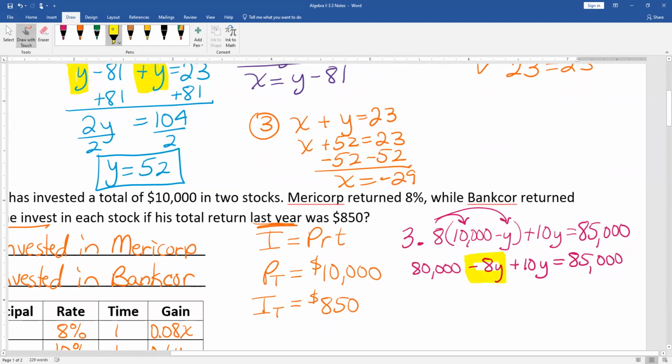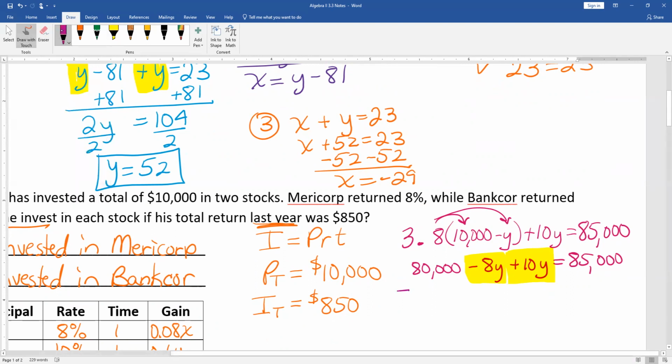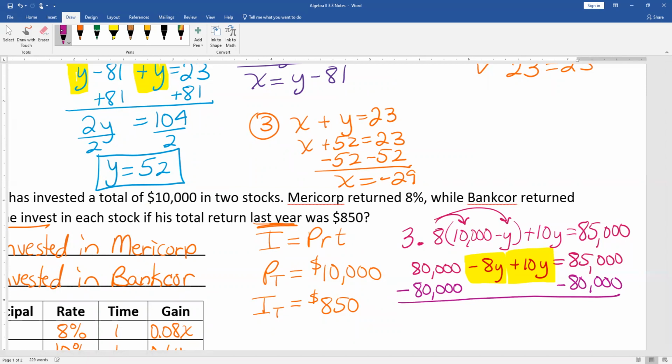So I'm going to combine my negative 8y plus my 10y, which gives me a 2y, while also moving this 80,000 over, minus 80,000. 10 minus 8 is 2y. 85,000 minus 80,000 is 5,000.